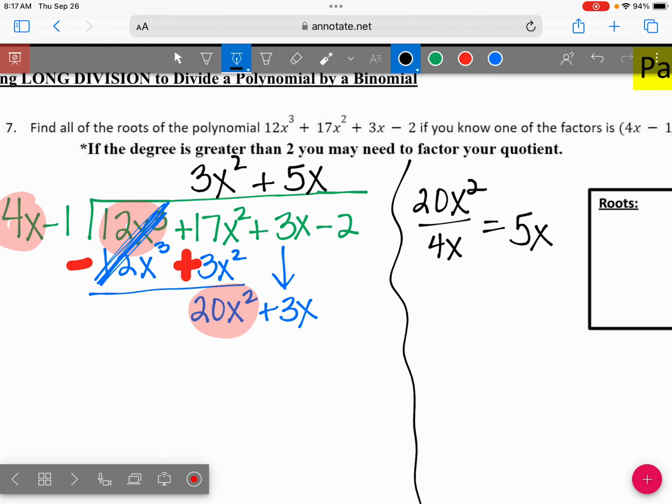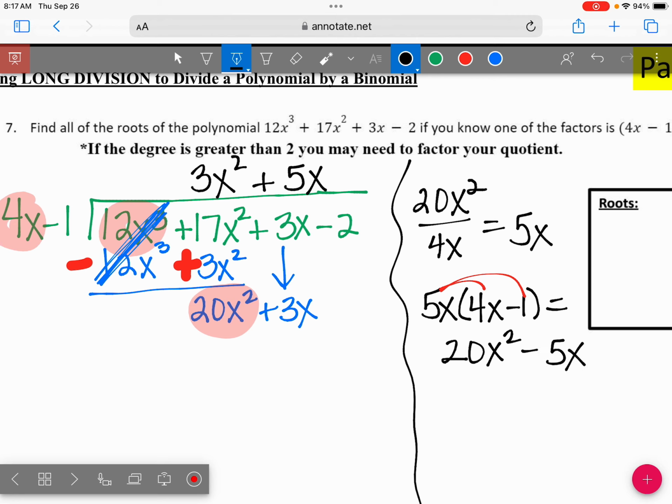And then take that 5x and multiply it by 4x minus 1. So 5x times 4x is 20x squared. 5x times negative 1 is negative 5x. Go ahead and bring that over.